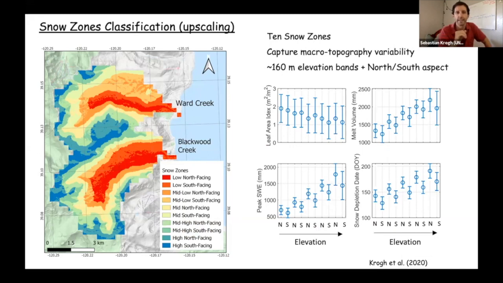So we have 10 different snow zones. As you can see, for example, if we look at things like peak SWE, the higher you go, the higher the peak SWE is, and things like snow depletion date and so forth. You can see differences between the aspects as well.